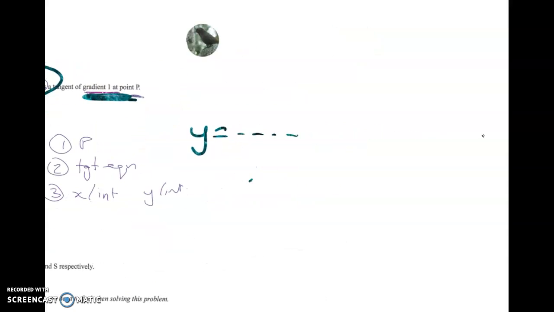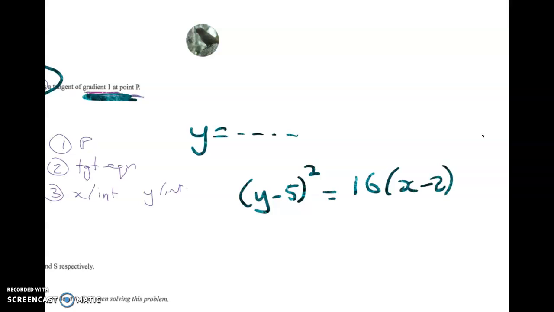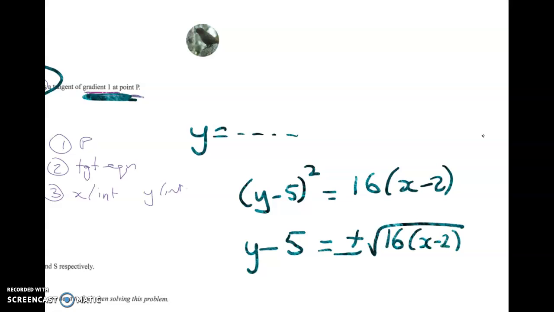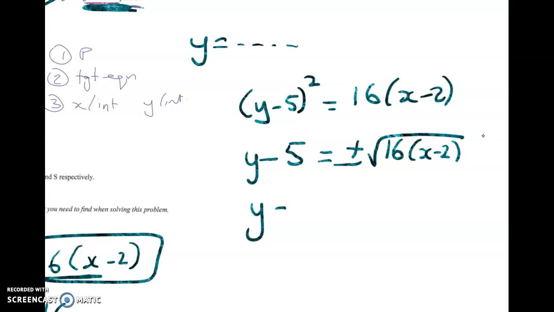So starting out from what we've got, y minus 5 squared, yep, y minus 5 squared is equal to 16 times x minus 2. I'm going to take square roots of both sides. Y minus 5 is equal to plus or minus this. So y is equal to 5 plus or minus the square root of 16 times x minus 2.